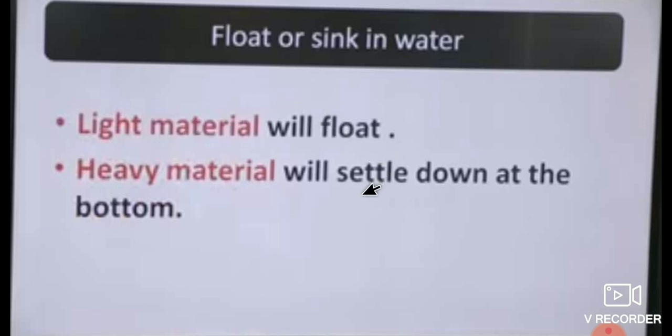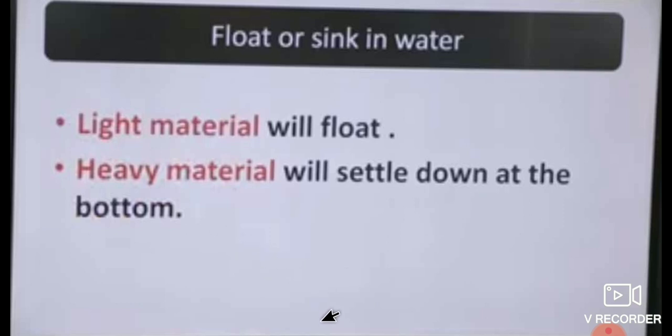For example, dried leaves fallen on the surface of a pond will float on water, and drops of honey in the water will also float, while heavy material will settle down at the bottom.